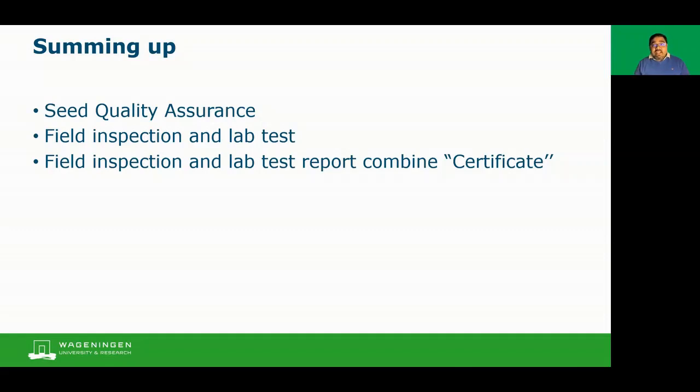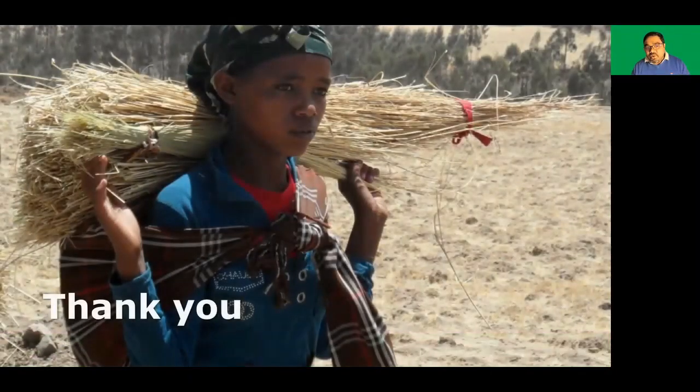The field inspection and the lab test report combine to form a certificate. So the final seed certification is actually a combination of the field inspection report and the seed testing lab report. Combining all these things becomes the certification. So that's what I wanted to talk about.